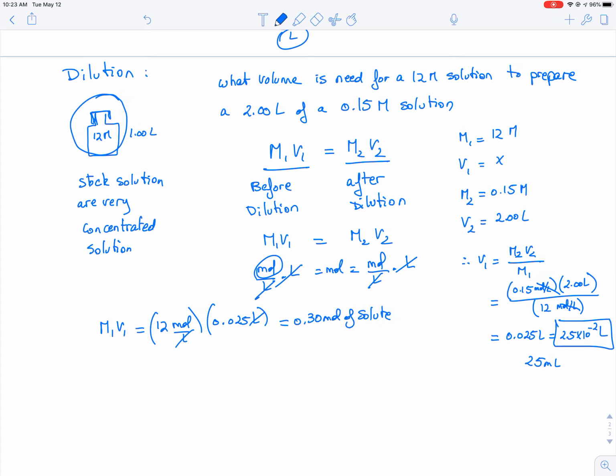If I look at M2 and V2, M2 is 0.15 molar, or I can do moles per liter so you can see how the units cancel, times the volume, which is 2.00 liters. And you do this on the calculator, and it also gives you 0.3 moles. Do you see how the two numbers are equal? Well, why? Because I'm taking 25 mL of this. This has 0.3 moles of my solute. And then I take those 0.3 moles and I add water to them to bring the volume to this, and therefore the molarity is done.